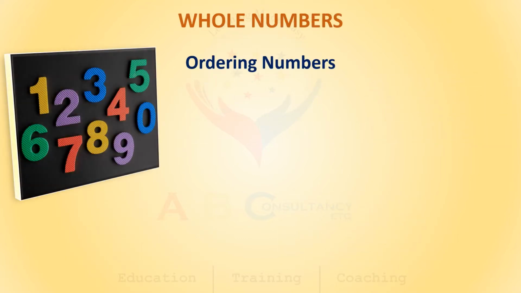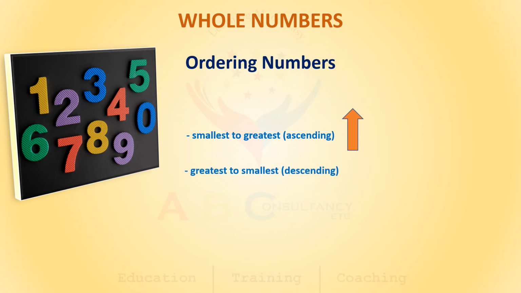There are two ways to order numbers, depending on the purpose for which they are being ordered. Numbers can be arranged from smallest to greatest in ascending order. Numbers can be arranged from greatest to smallest in descending order.